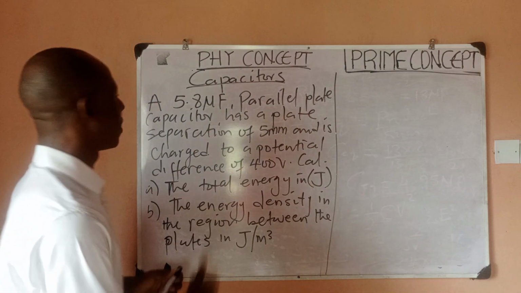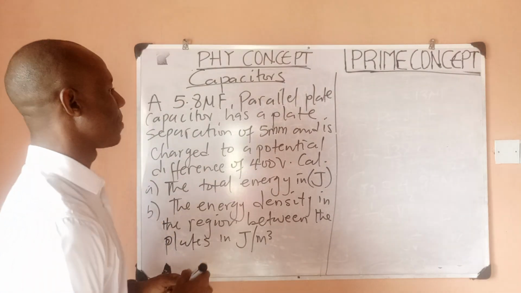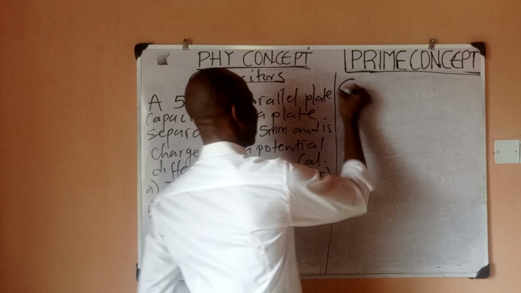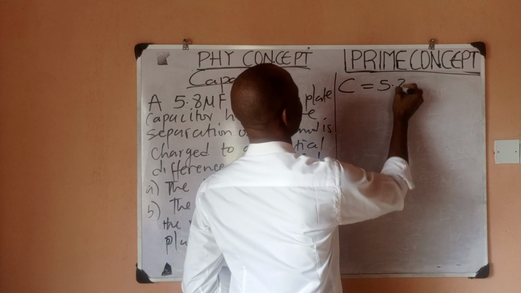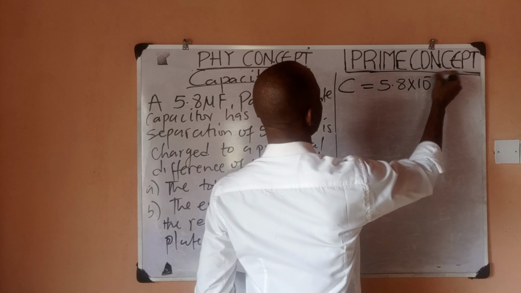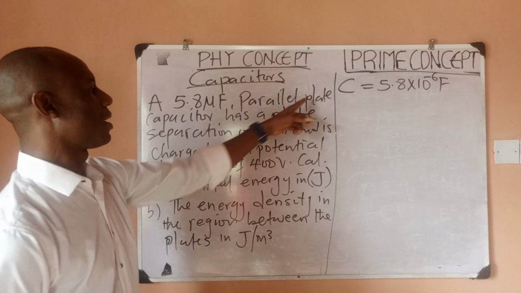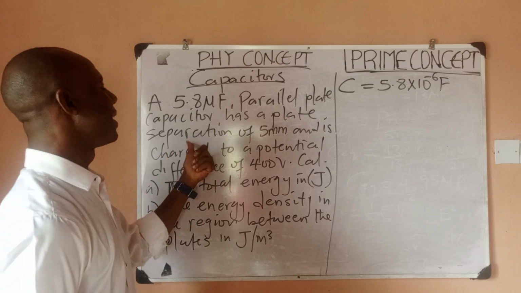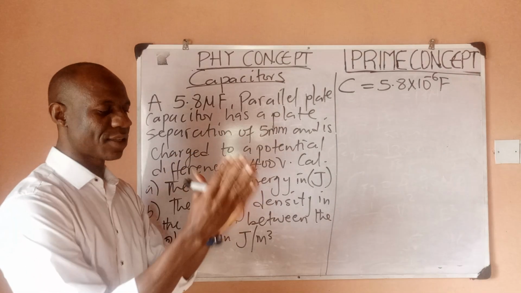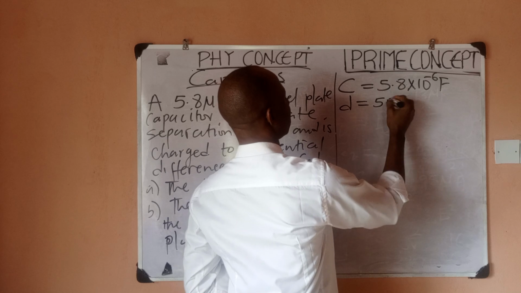Now let's solve the problem we have. We have a 5.8 microfarad capacitor. So the capacitance is 5.8 microfarad, which I would simply write as times 10 to the power minus 6 farad. So that's my capacitance. A parallel plate capacitor has a plate separation, so the distance between the plates is d equals 5 millimeter.